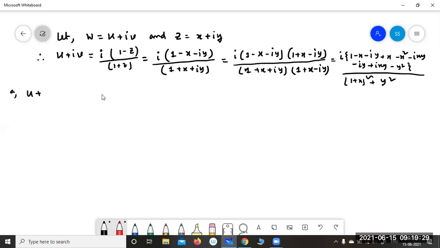So U plus IV is equal to: minus IXY and plus IXY cancel. Here it is I into this.